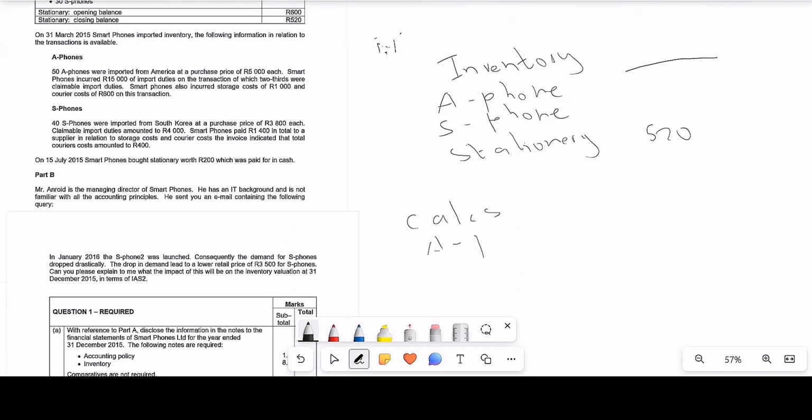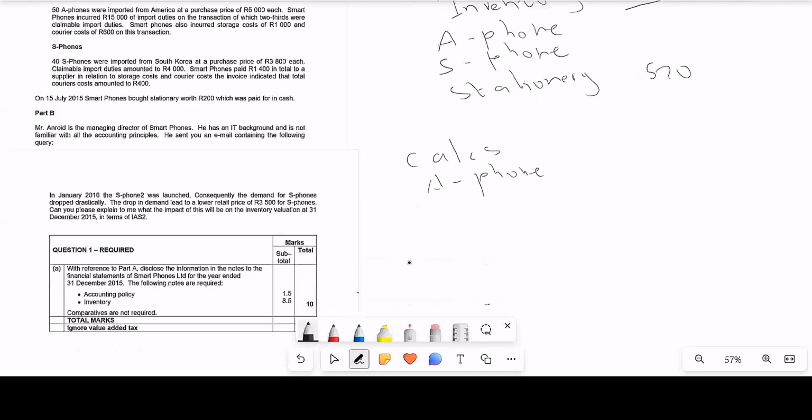A phone. Remember with this one, guys, we're using the weighted average. The opening balance and purchases. Opening balance, I think it's 30 units times 5,000, which is 150,000.